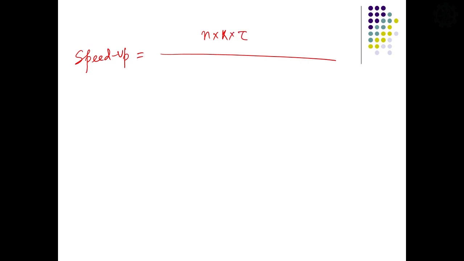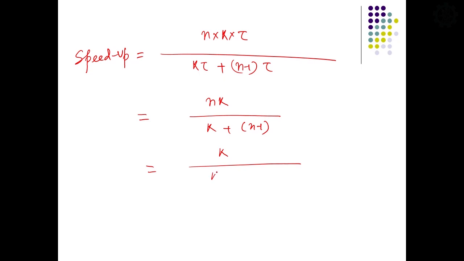If we use a pipelined processor, the time will be k into tau plus n minus 1 into tau. So, you can write n into k plus n minus 1. Now you divide by n. So, you will get k divided by k by n plus n minus 1 by n.